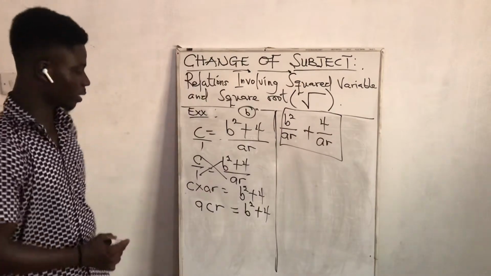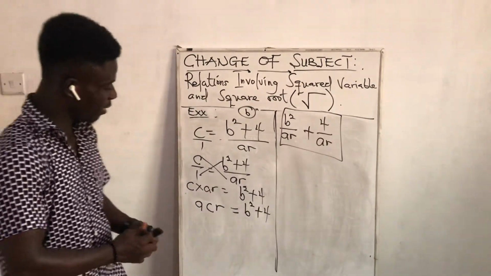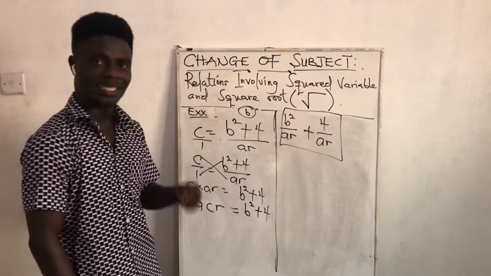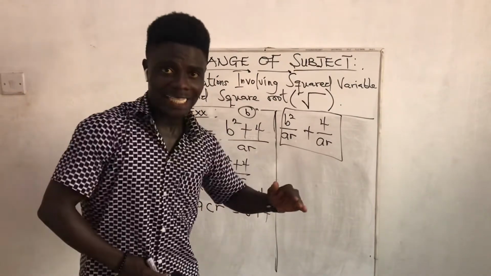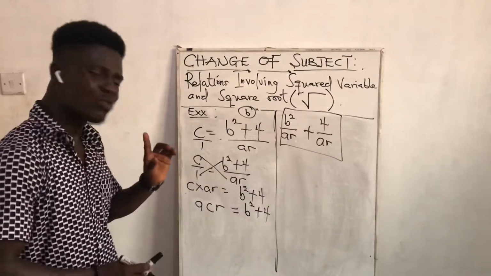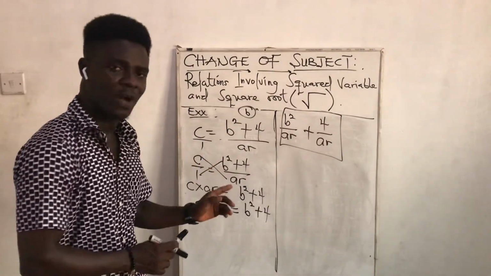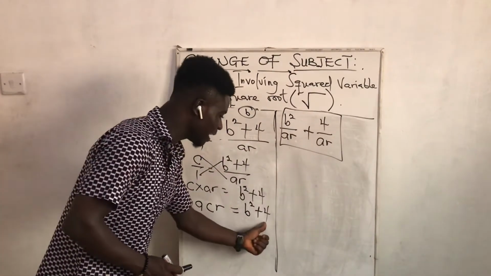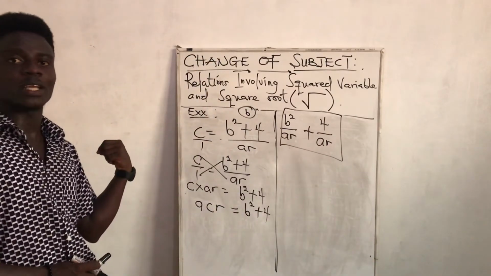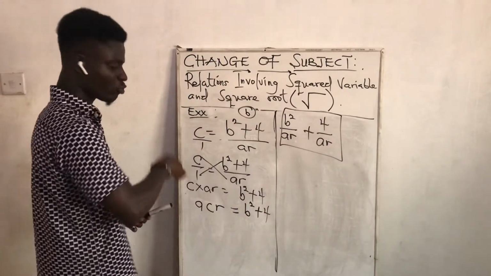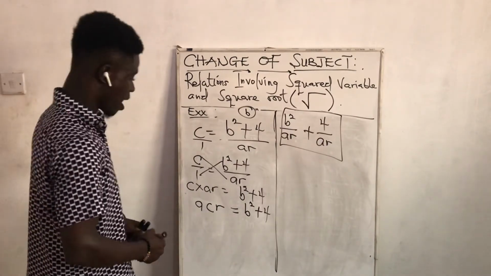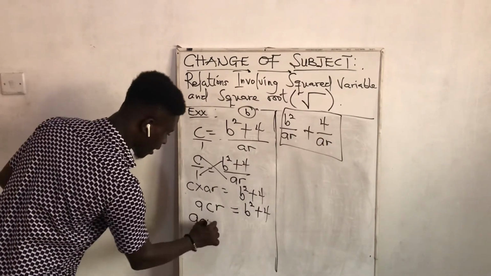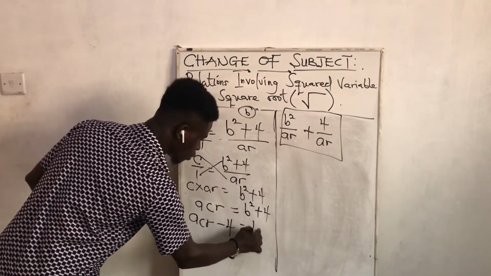Now we want b. And now 4 is adding itself to b squared. So do we divide or do we multiply? We don't have to divide, but rather we have to send this positive 4 to the left hand side, so that it subtracts itself from the expression acr. So I have acr minus 4 equals b squared.